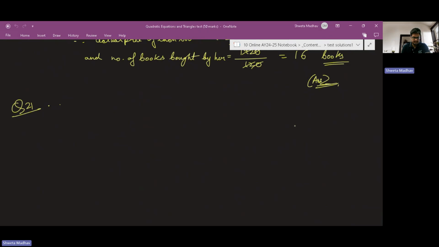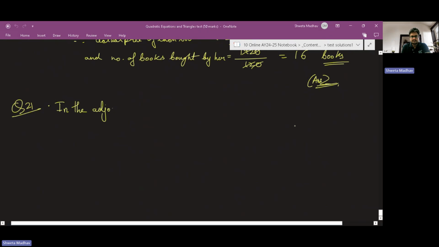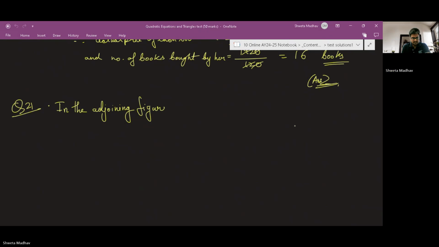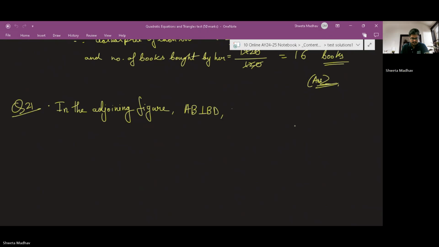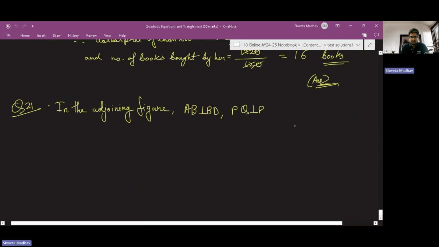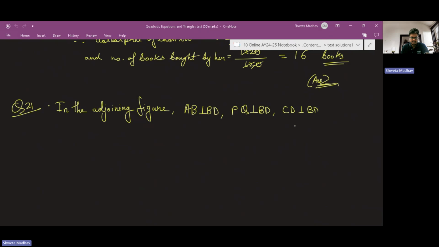Question number 21 has been told that in the adjoining figure, AB is perpendicular to BD, PQ is perpendicular to BD, and CD is perpendicular to BD.